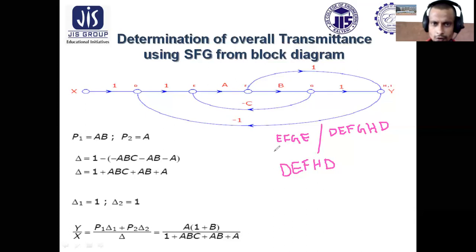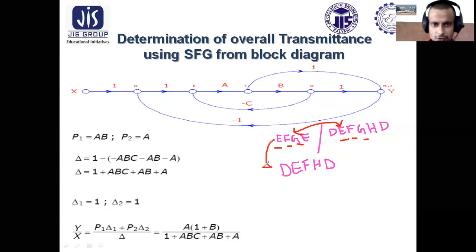first loop is having one node E, second loop is having the same node E, F, G. So as these two loops are having common nodes, these two loops touch each other at these nodes. So these two loops are touching loops.